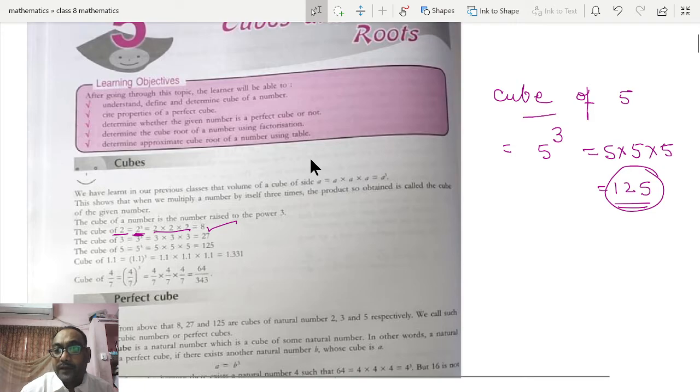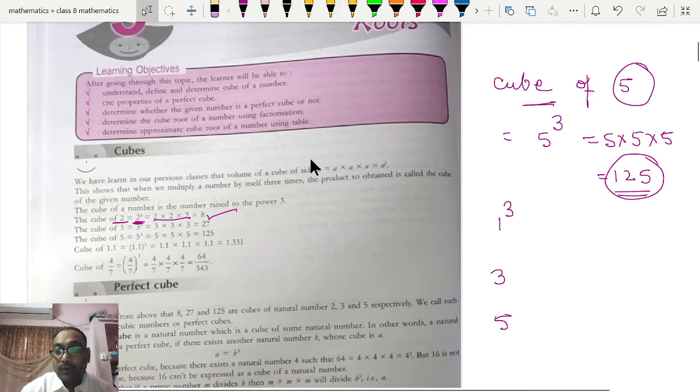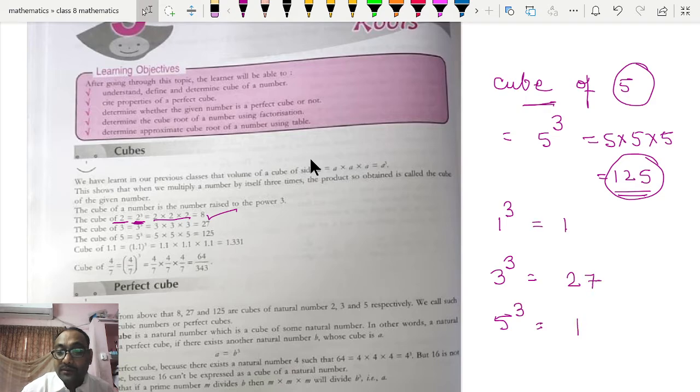One thing you will find is that the cube of any odd number, like 1, 3, 5, is always an odd number. 1 cube is 1, 3 cube is 27, and 5 cube is 125.